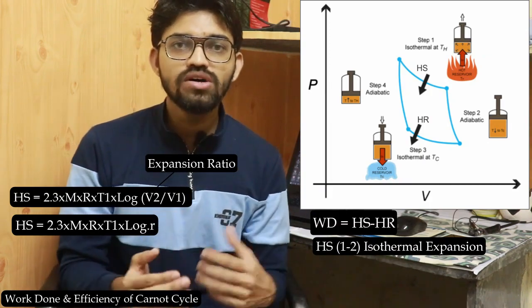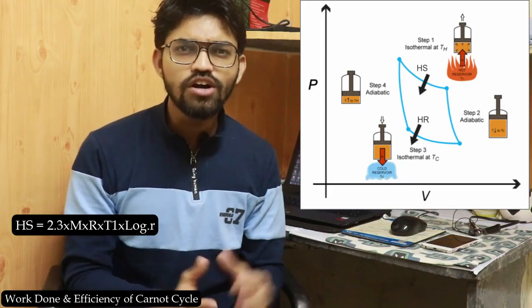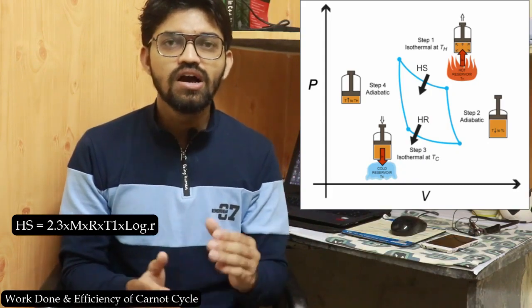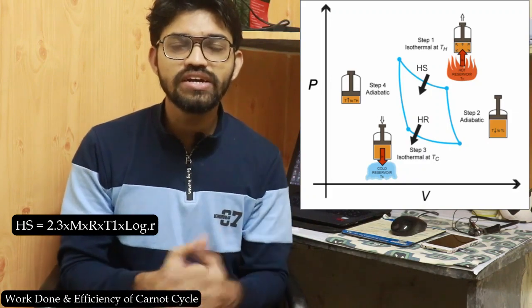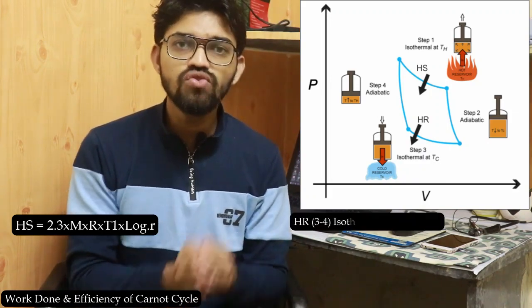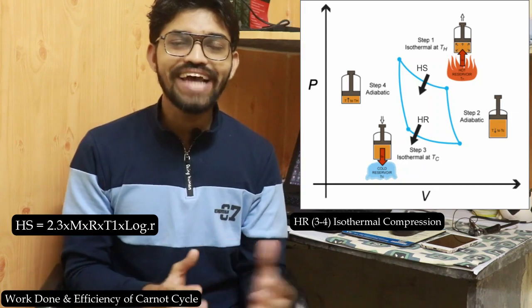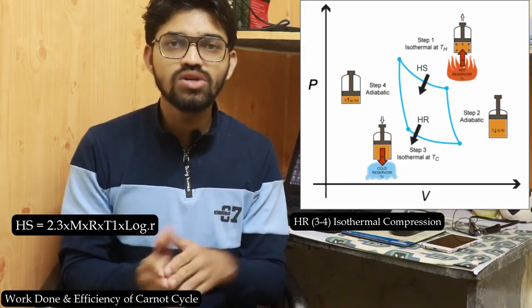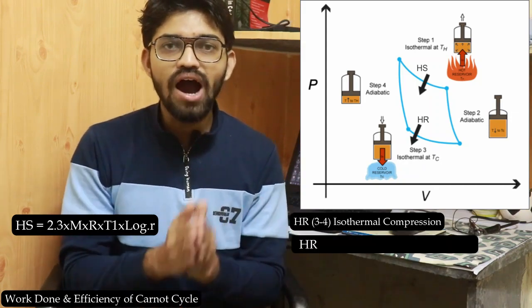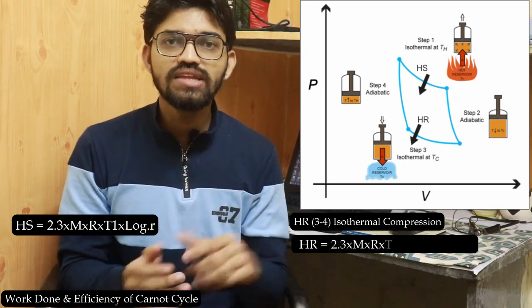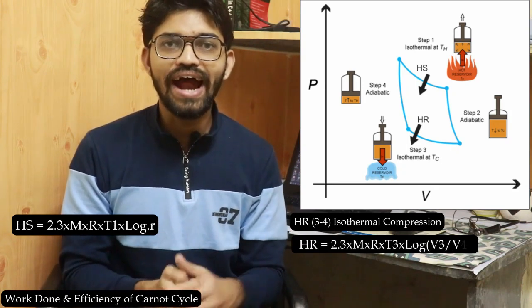Now let's come to the heat rejected. Over here in this heat rejected case, the heat gets rejected in the process of 3 to 4 basically. So guys, we can calculate the heat rejected by using the same formula, that is nothing but mRT, that is the heat gets rejected at T3.